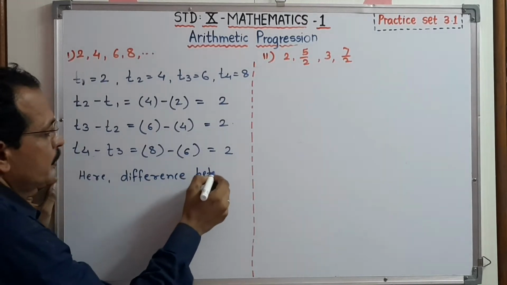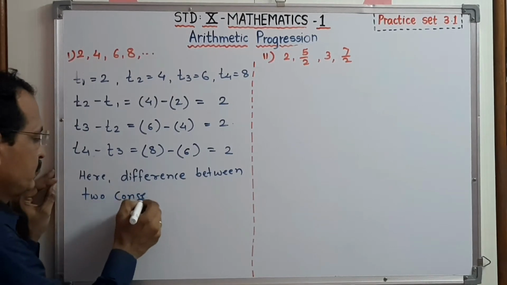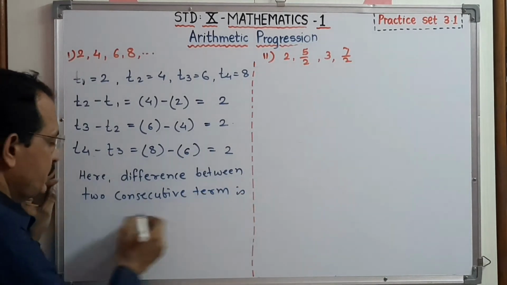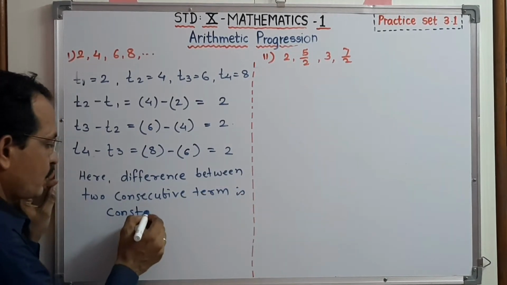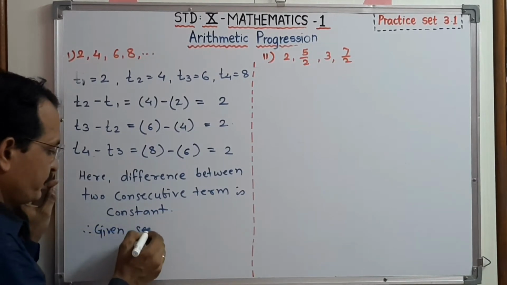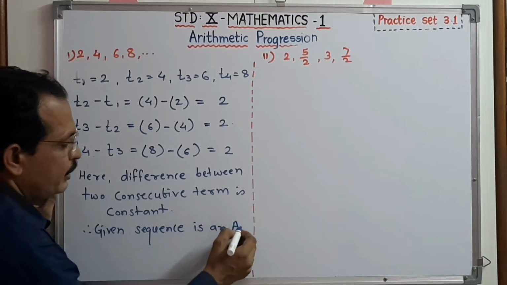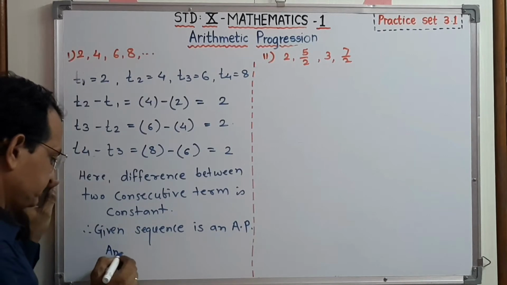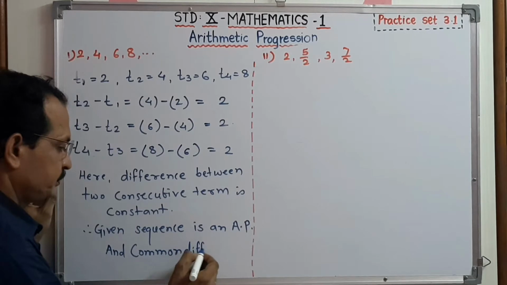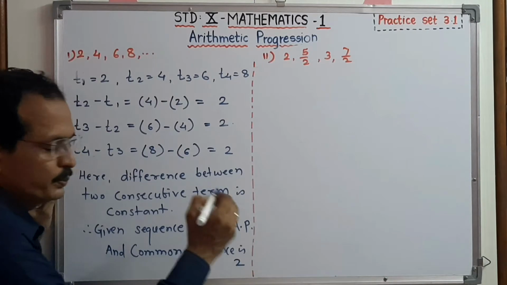Difference between consecutive terms is constant, therefore the given sequence is an AP, and the common difference is 2.